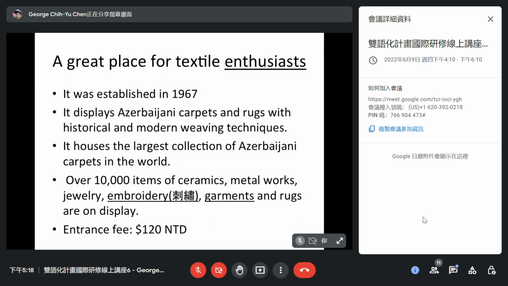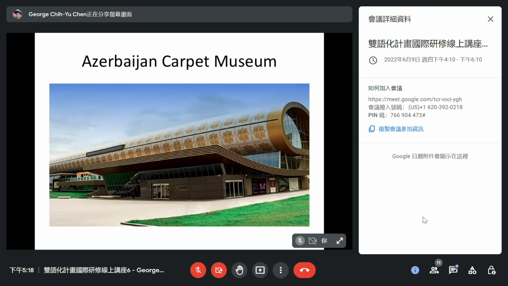With so much to see, you only pay 120 NT dollars to go inside. When you go there, make sure you take a picture of the outside of this museum, because this museum is designed to look like a rolled up rug, if you didn't notice that.